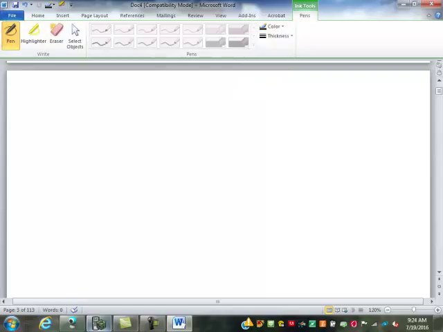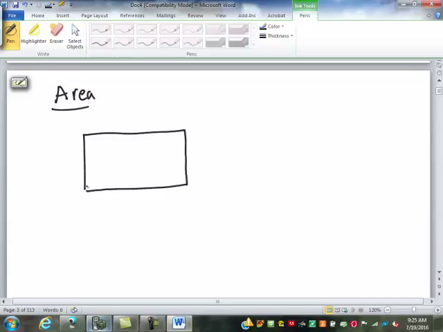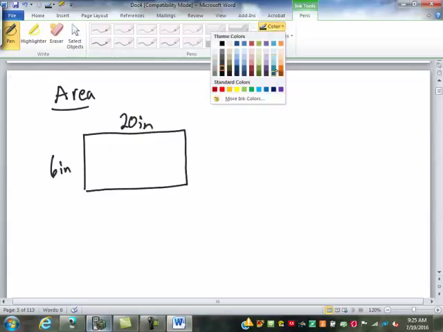We left off with the geometry and using the Pythagorean theorem to find missing parts of a triangle yesterday. So a little bit of review of our areas, since we talked a little bit about that here to start off class. If I have a rectangle that is 6 inches by 20 inches, how do I find its area?